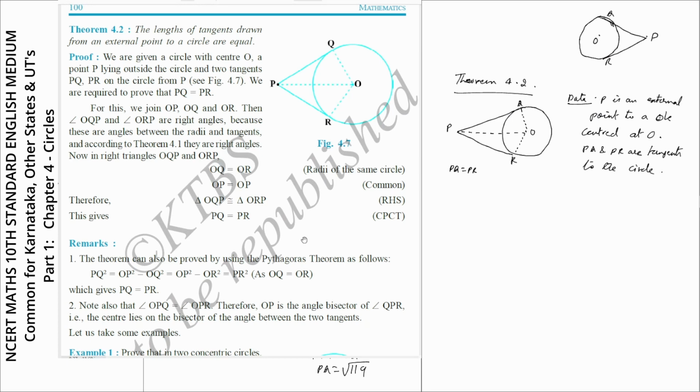So whenever you are proving anything, whenever you are proving a theorem, first you need to write the data. Data also carries marks.